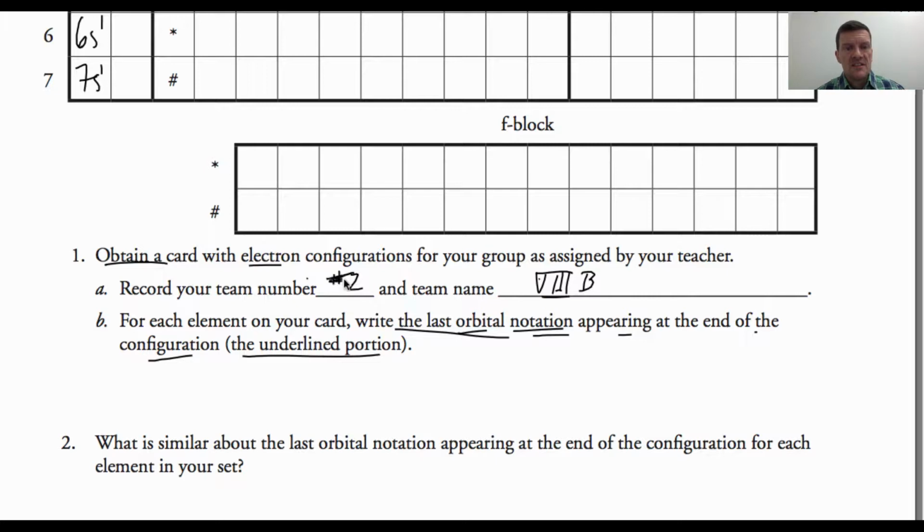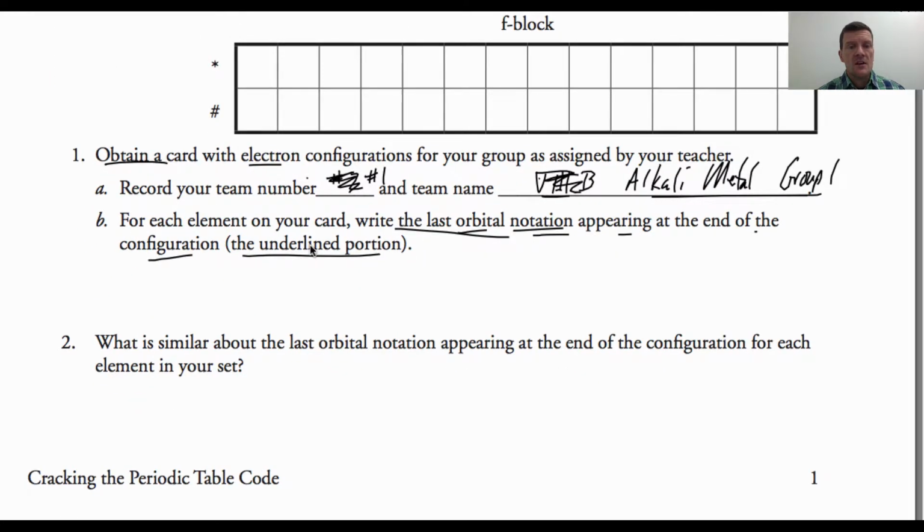So we did team number 1, the alkali metals or group 1 on the periodic table. These all are going to end in 1s1, 2s1, etc.